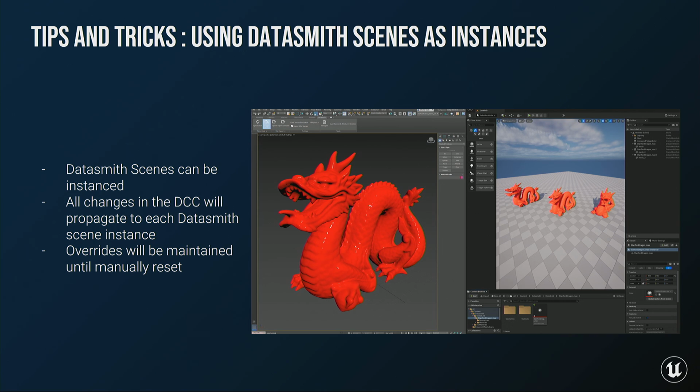But what you can do is add multiple scenes to the same level, and anytime you do an update in your DCC and it synchronizes, it will update all the instances of the Datasmith scene. Of course, if you have overrides, it'll keep the overrides as well.